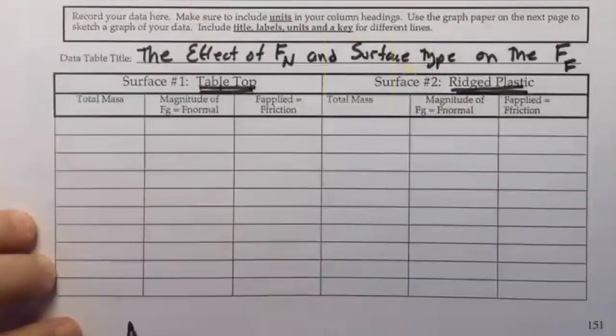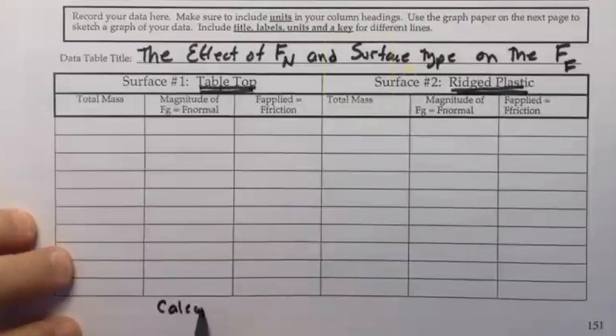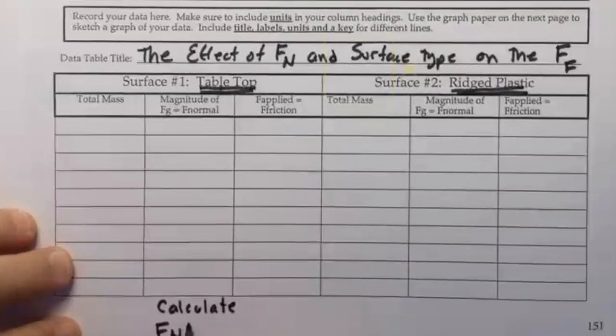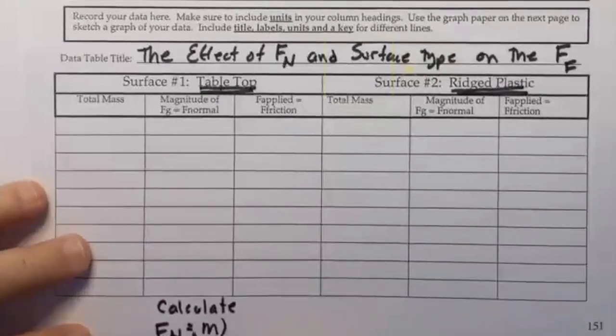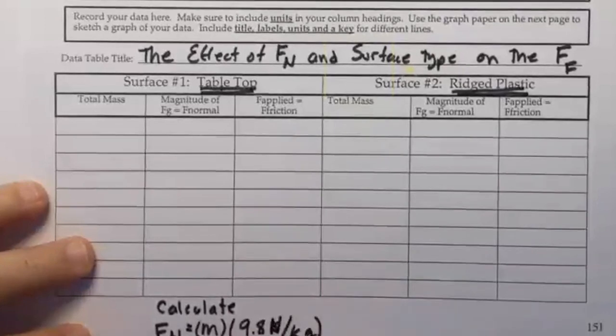Then we're going to be able to calculate Fn by using our mass times 9.8 newtons per kilogram, and that's going to equal our force normal.